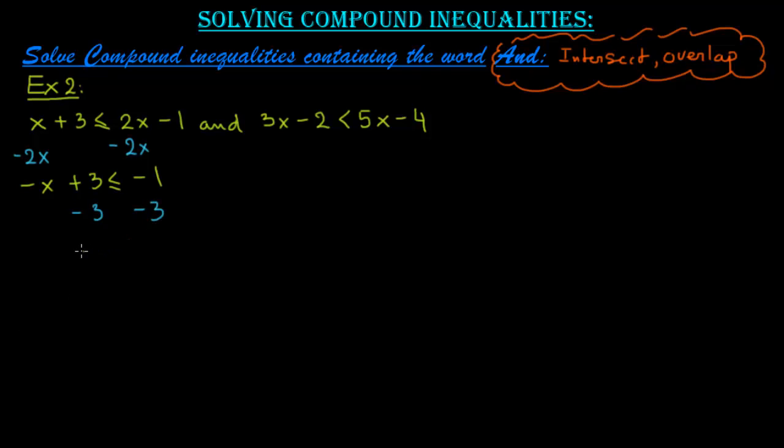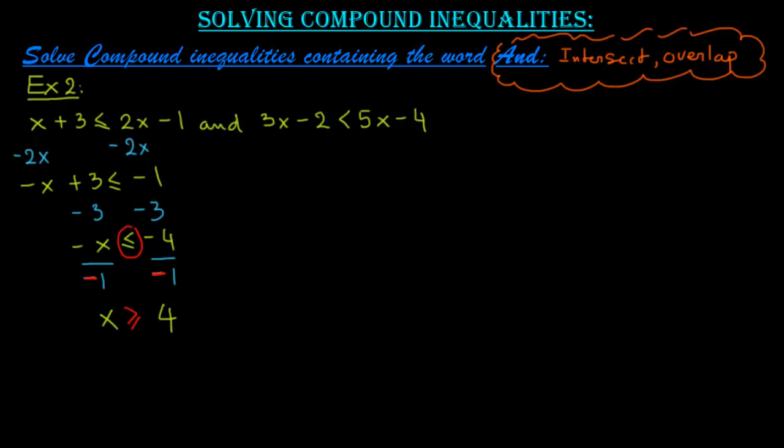We will have negative x less than or equal to negative 4. To get rid of the negative x, divide by negative 1 on both sides. Again, when we divide by a negative number, we have to flip the inequality sign to the opposite one, so we will have x greater than or equal to positive 4.